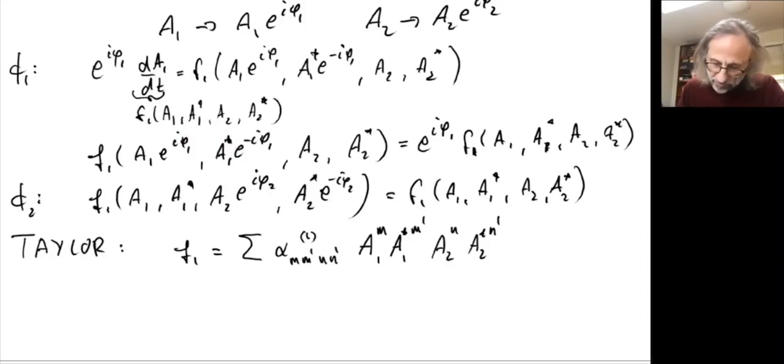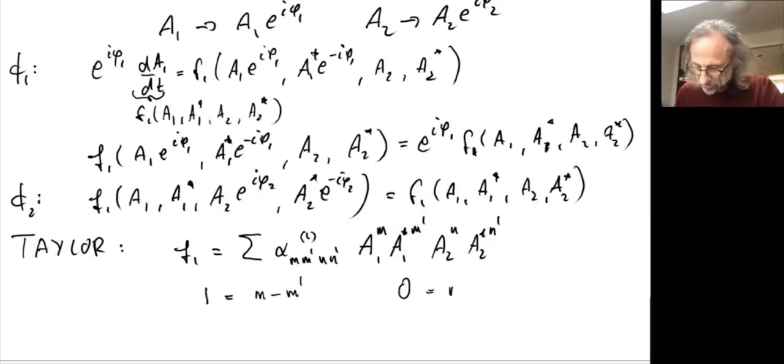So we have the condition that 1 from here is equal to m minus m'. So when we shift only in phi 1, these terms get changed, and an overall factor has to pop up. When we do a shift in A2, no overall factor pops up, and so therefore we have 0 equals n minus n'.